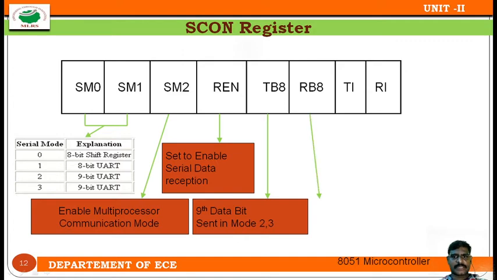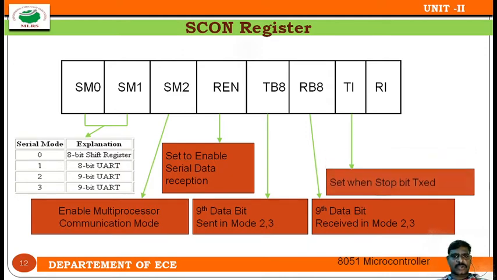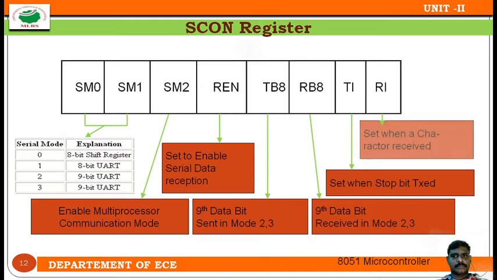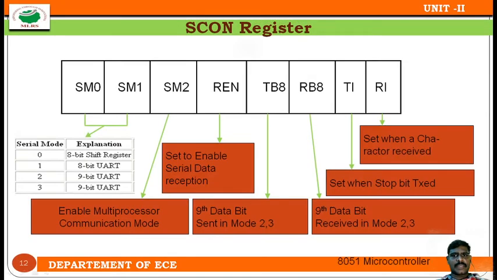SM0 we can call SCON.7, the serial port mode specifier, and SM1 is also a mode specifier, which we can call SCON.6. SM2, SCON.5, is used for multiprocessor communication mode, so we make it 0.